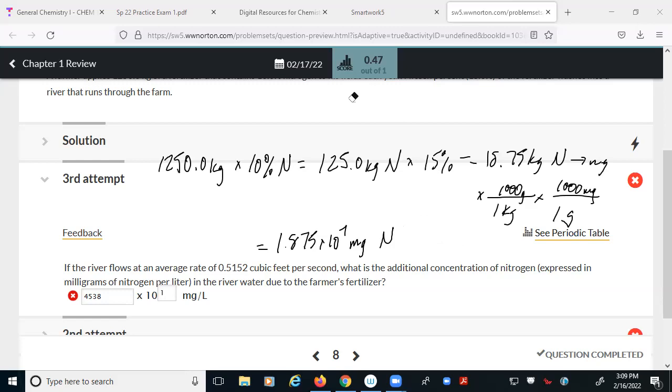So if this is the per year rate, you know that every year has 365 days, every day has 24 hours, and every hour has 3,600 seconds in it.